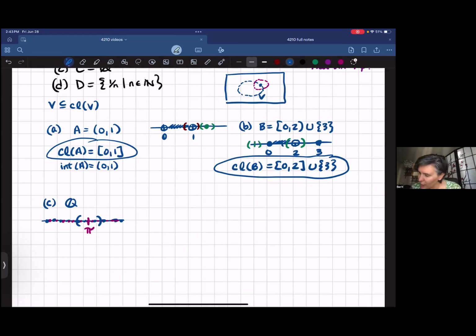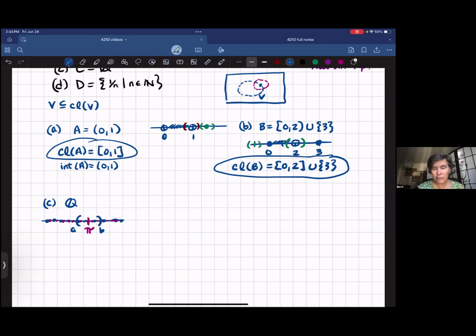Whatever this A and B are right here, A and B can't equal pi because this is an open interval that contains pi. So pi can't be one of the endpoints or it wouldn't be included. So A has to be less than pi and B has to be greater than pi. So between A and pi, there must be some rationals, and between pi and B, there must be some rationals. So this interval has to intersect with the rationals. So what that means is that pi is in the closure of the rationals.